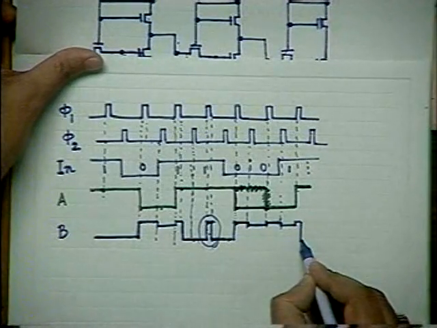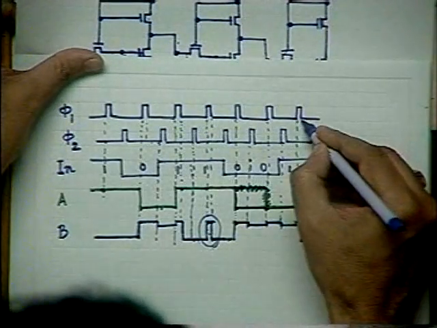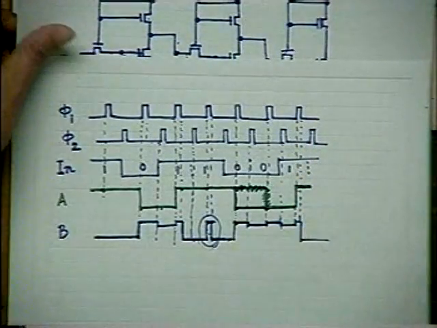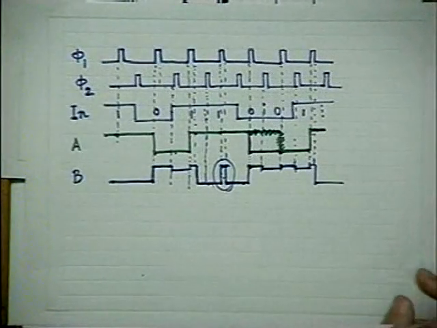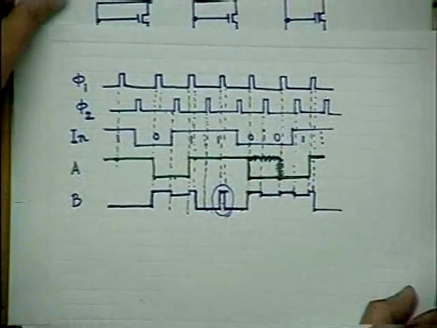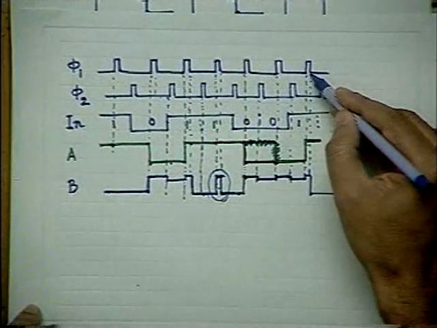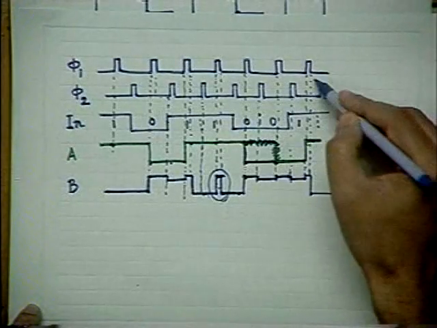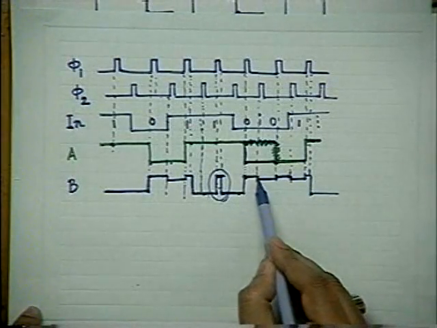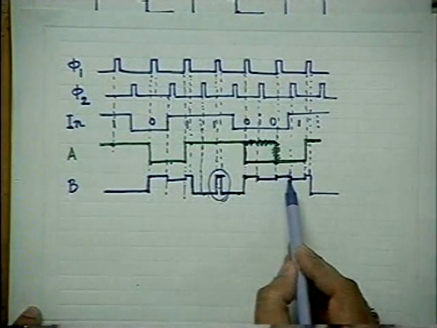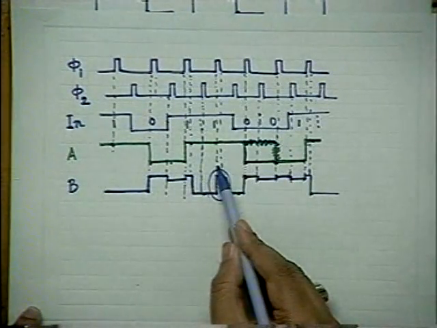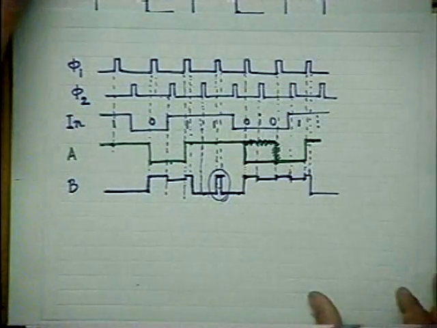It should fall like this. This will be like this. All right? Is it all right? At this point again, because now A is high and you see that phi 1 is 0, it must fall to 0. So there will be a number of small kinks, 1, 2, 3, 4, during this period, and a glitch at this instant. In the same way, you can go to the C point.